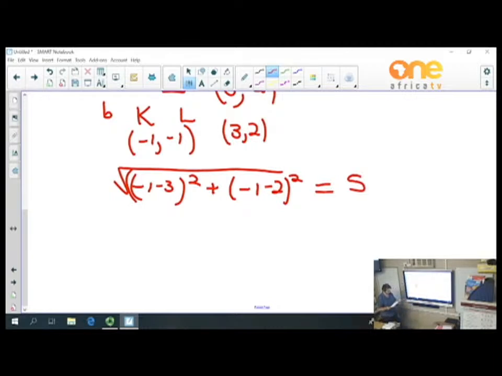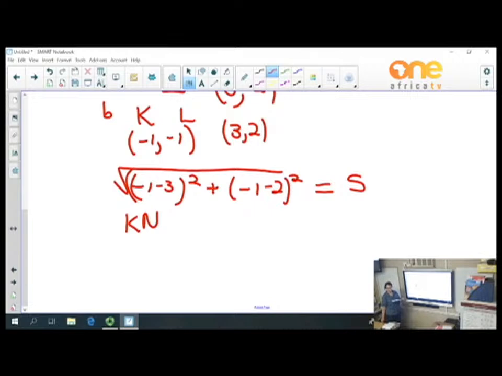And then the next question says, write down the gradient of the line KN. Now, what do we know about KN? I would say KN is parallel to LM, isn't it?